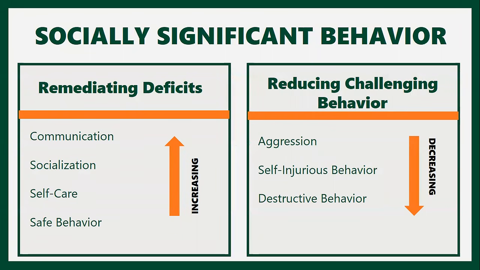So let's talk about what that term means. When I brought up the definition of applied behavior analysis, I said that it was for the purpose of improving socially significant behavior. And behavior is a broad term, right?